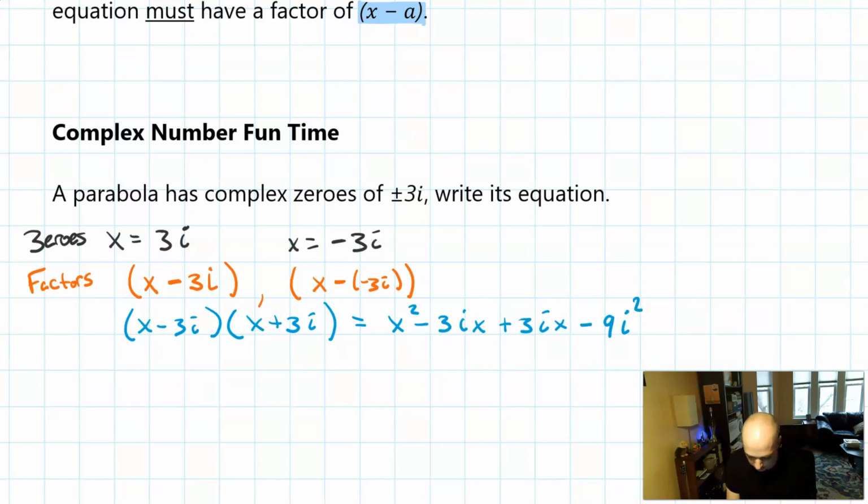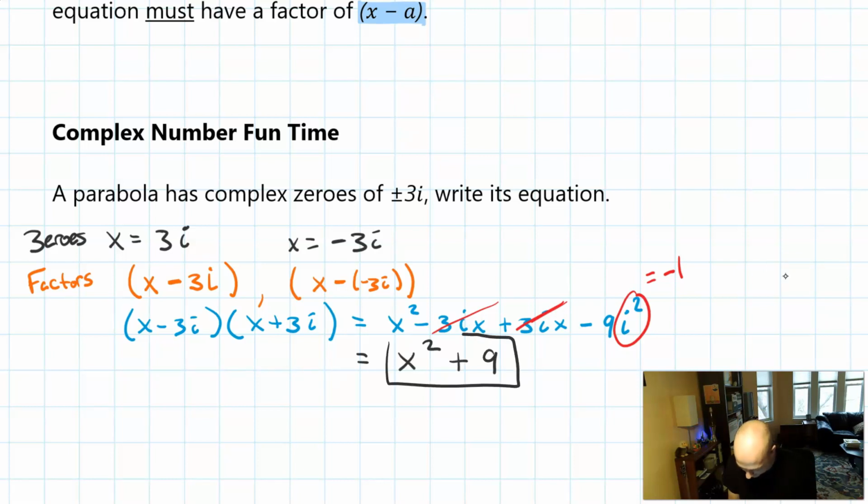Oh, whoa. Let's do some simplifying. 3ix minus and 3ix plus will reduce out because of addition. i squared is equal to negative 1. That's the main definition of i, that when you square it, you get negative 1. So what do we get? x squared plus 9, as a parabola that has complex zeros of plus or minus 3i.